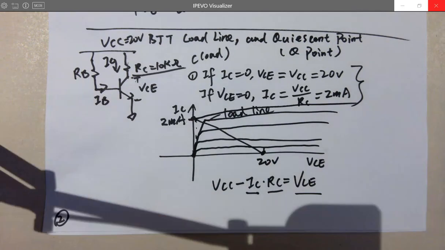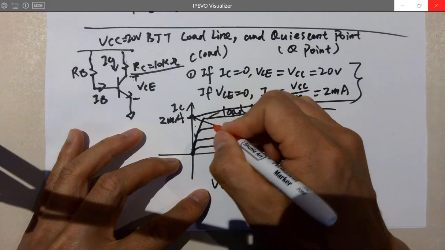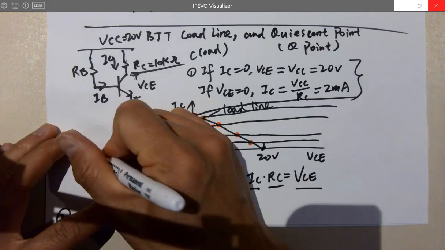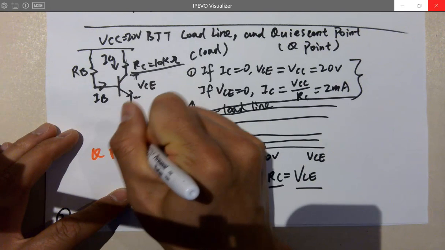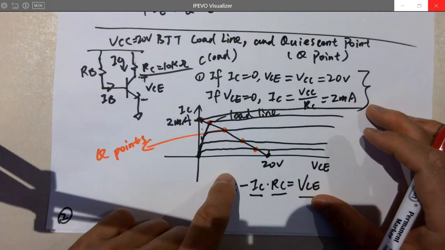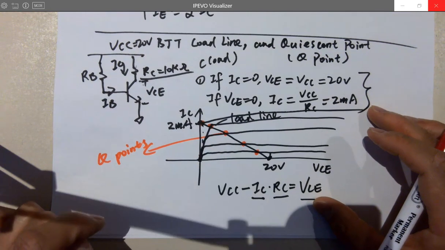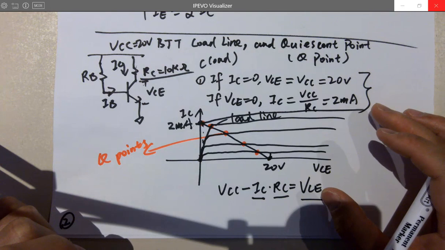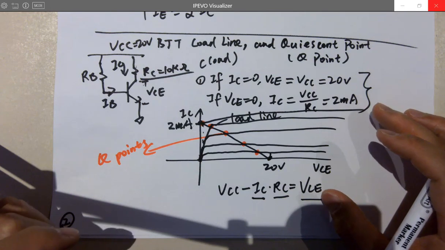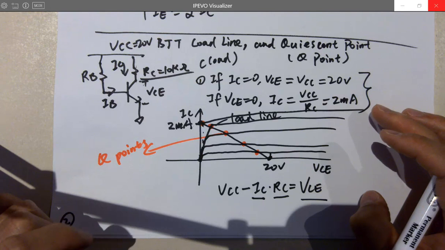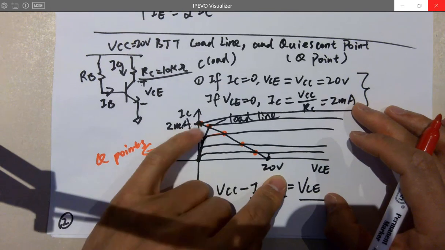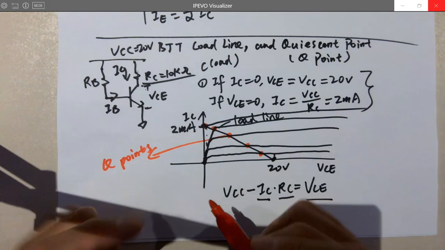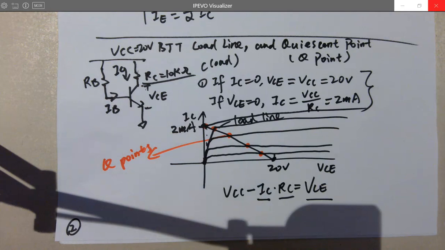So all these points are called Q points, because this transistor can be biased at any one of these points. Does that make sense? It doesn't have to be operated over here, right? It's going to cut off that transistor. So it's being operated at any points in the middle. So all these points are called Q points.